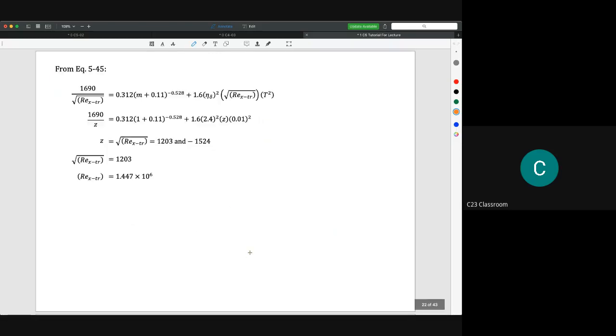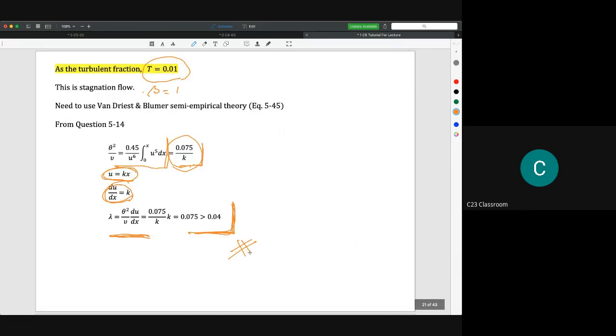Because if we get a value less than 0.04, it means the Von Driest assumption cannot be used. In the next equation we will have an alternative to solve the problem where the value of lambda here is less than 0.04.